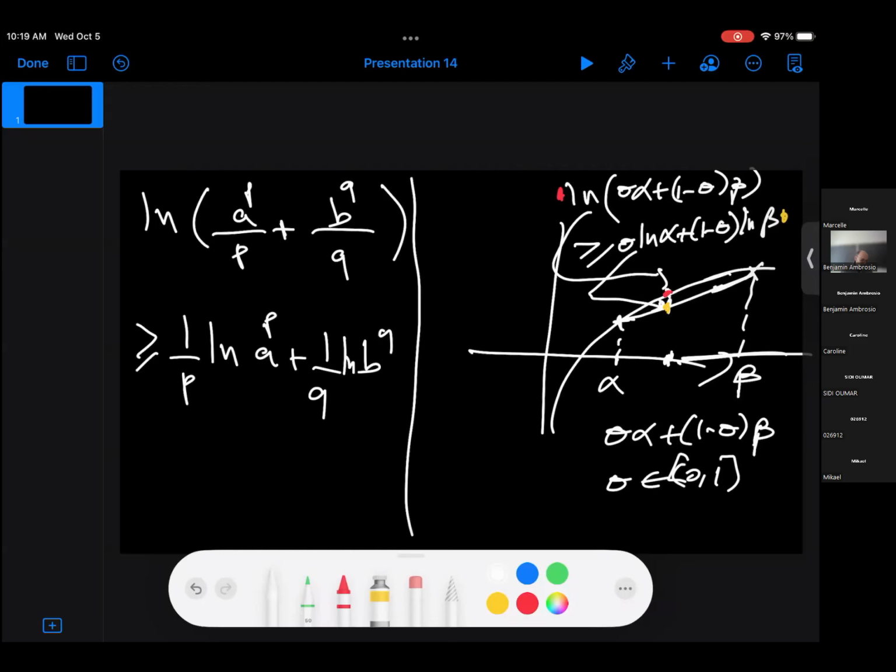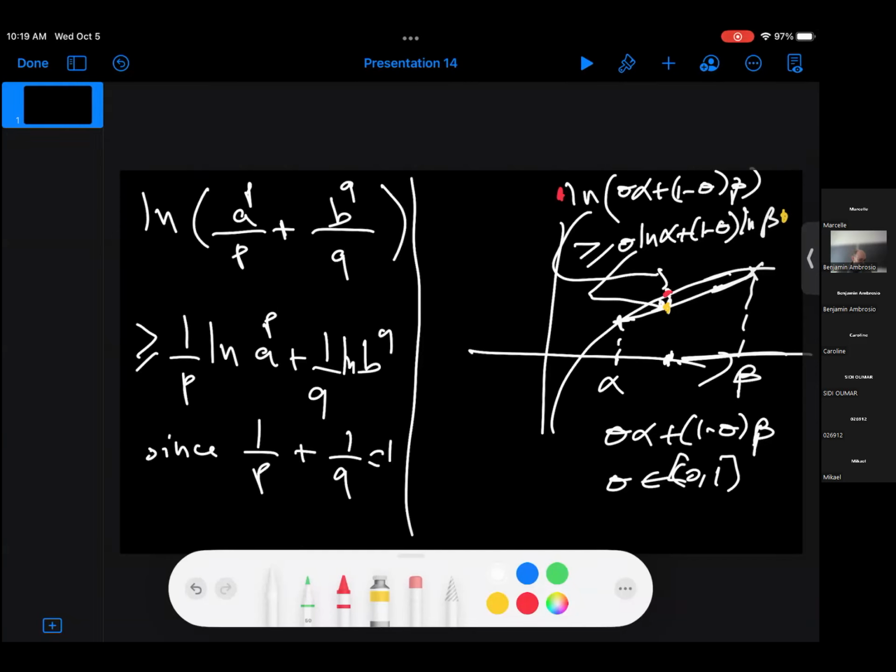Because 1 divided by p plus 1 divided by q equals 1. So you can say my 1 divided by p is my theta.